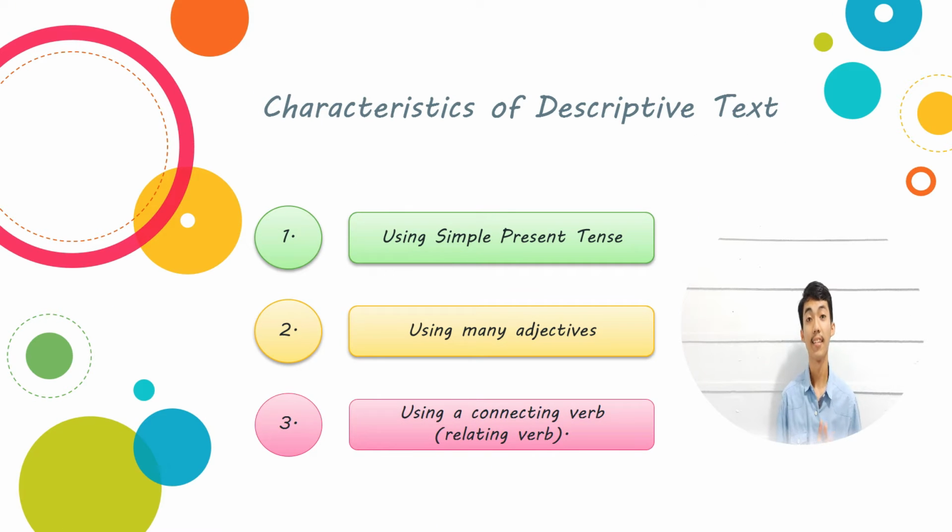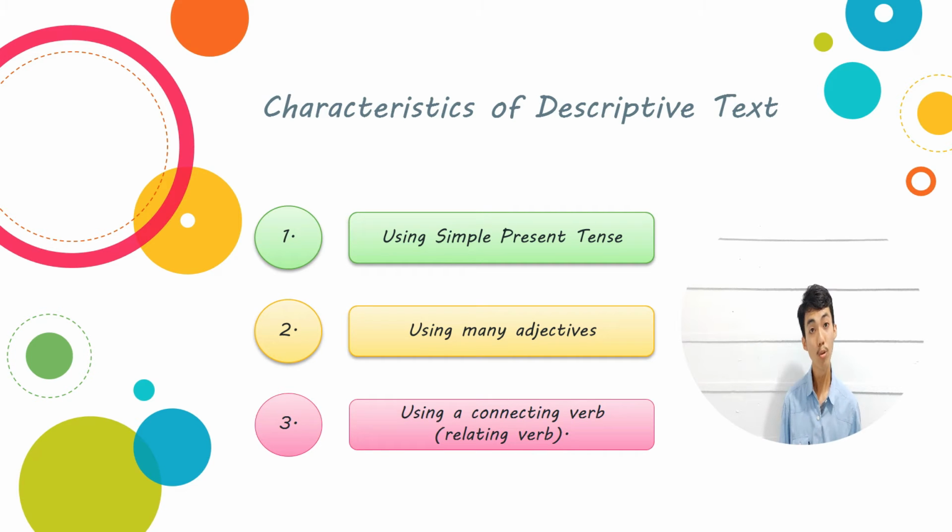The next discussion is the characteristics of descriptive text. The first characteristic of descriptive text is using simple present tense. This text uses the simple present tense because we will describe the facts attached to an object, and one of the functions of the simple present tense itself is to show a fact or truth.